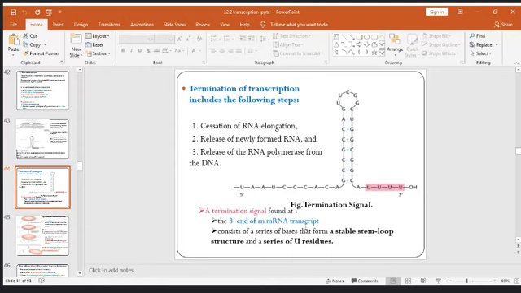of the messenger RNA transcript, an intrinsic termination signal. It consists of a series of bases that form a stable stem loop structure and a series of uridine residues. This loop-type structure we call a hairpin structure. This structure is formed by pairing of nucleotides on the same strand of this RNA.